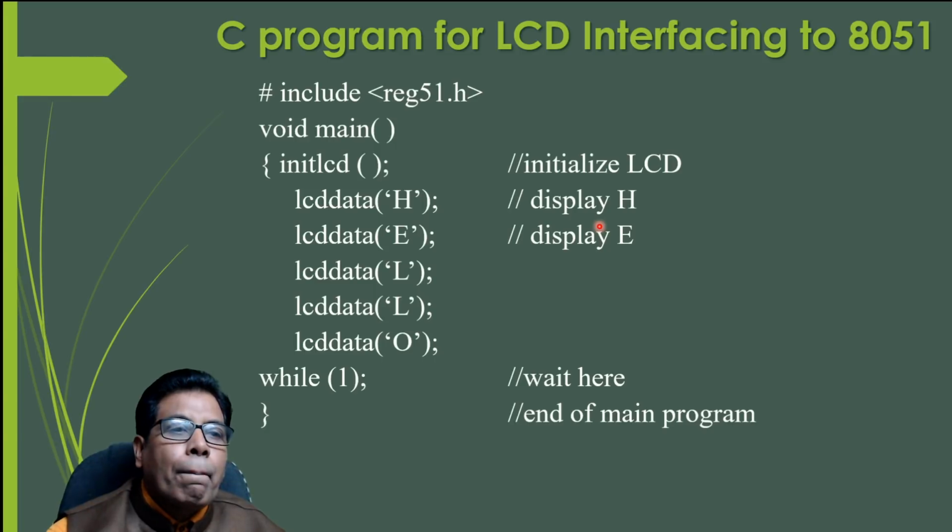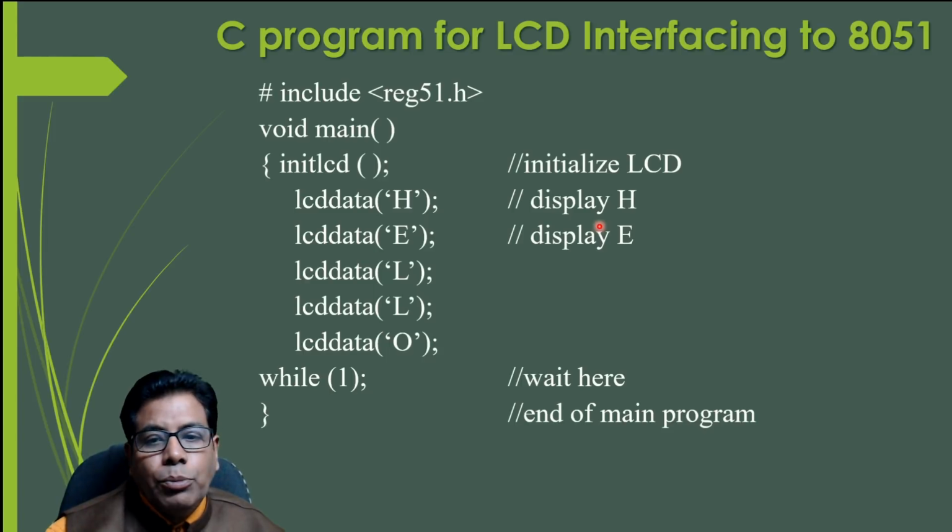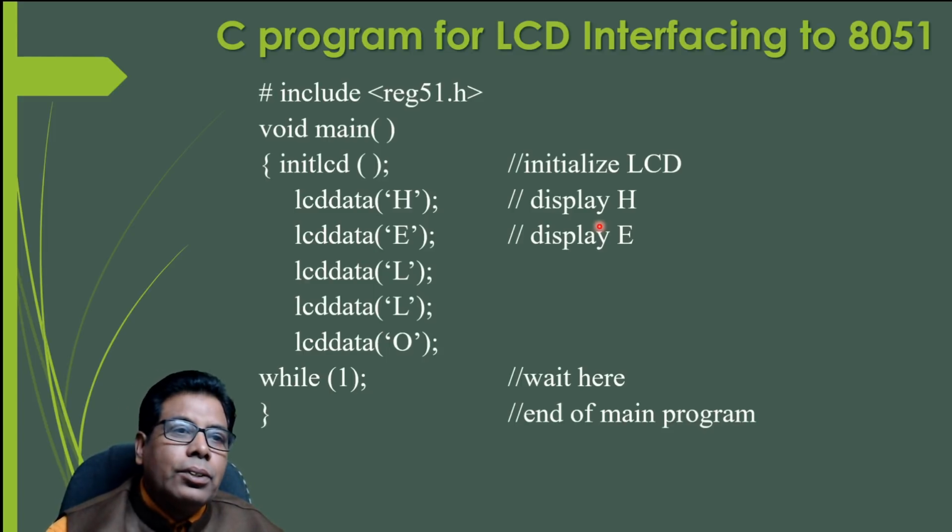Then let us see the last part, that is the C program for LCD interfacing with 8051. Now the same thing we are trying to do here, that is displaying the characters HELLO on the display.